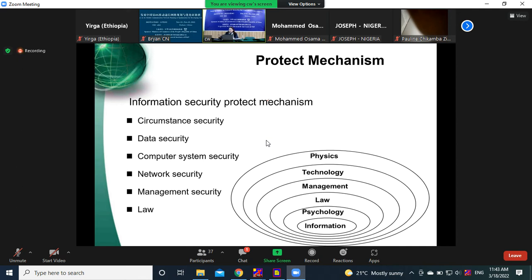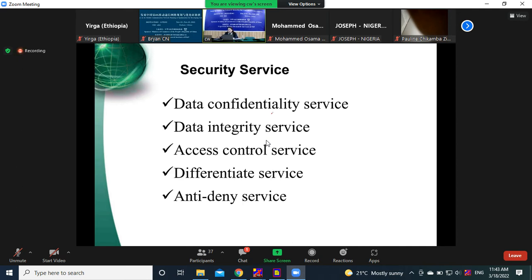For example, the data confidentiality service. This avoids unauthorized access and protects the data.